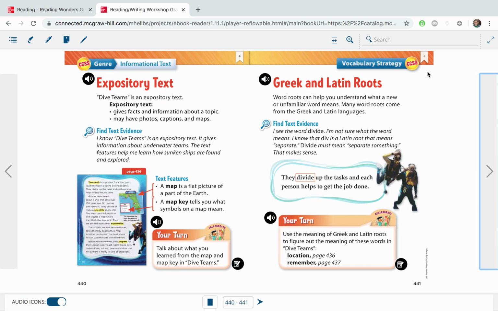And lastly, our vocabulary objective or our goal this week is to understand Greek and Latin roots. Now this can be a little tricky. Word roots or chunks can help you understand what a new or unfamiliar word means. Many word roots come from the Greek and Latin languages.